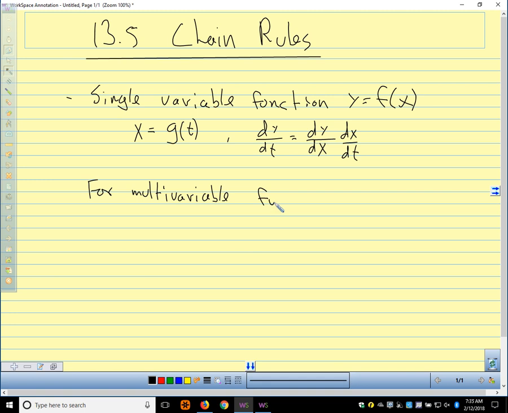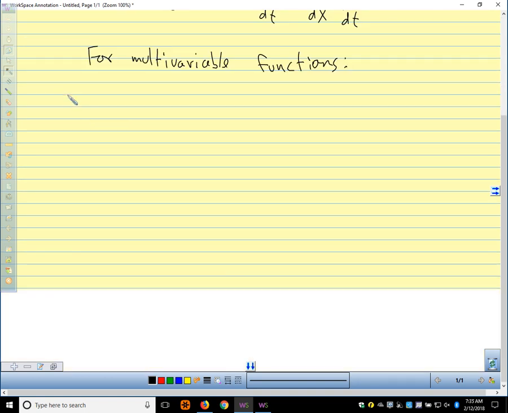So for multivariable functions, we're going to say this is case 1. And we're just going to do the two variable functions. What we talked about extends just like we'd expect to functions with more variables.